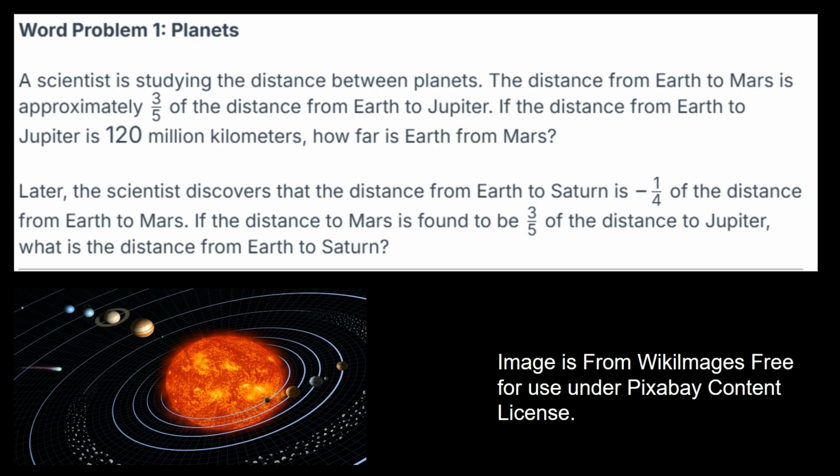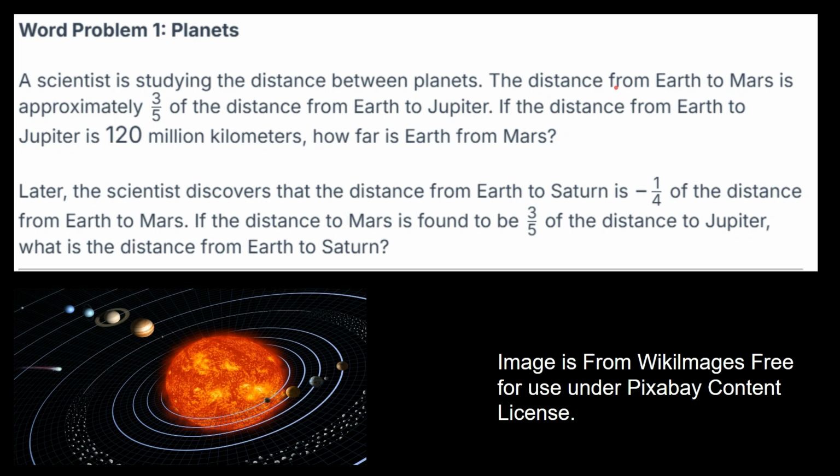Okay, now let us read our problem about astronomy. When you say astronomy, this is the study of celestial bodies, right? So a scientist is studying the distance between planets and the distance from Earth.